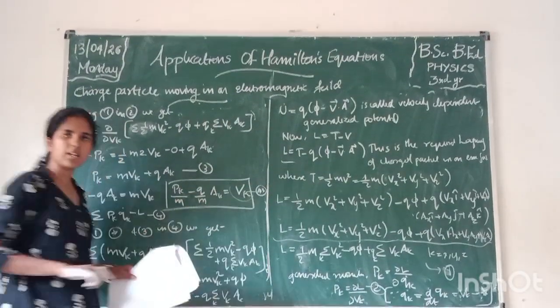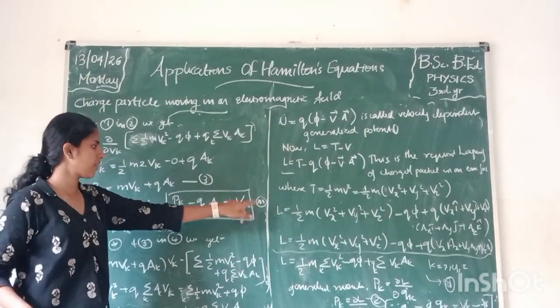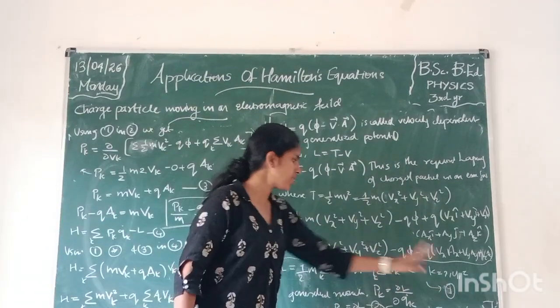In that way we are finding p. For p we give the double star equation, and this is equation star.